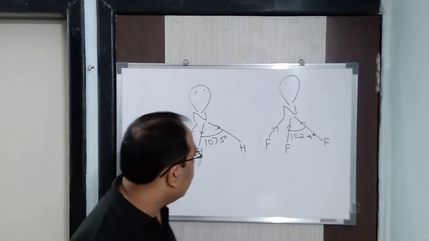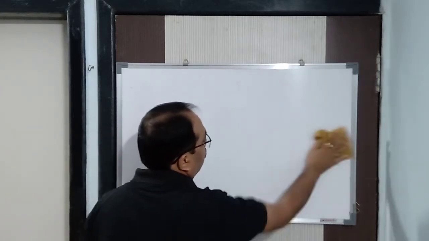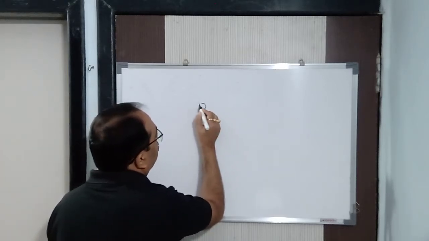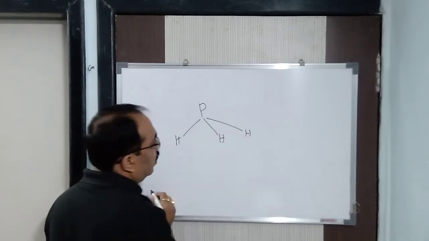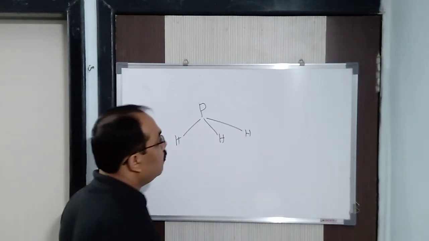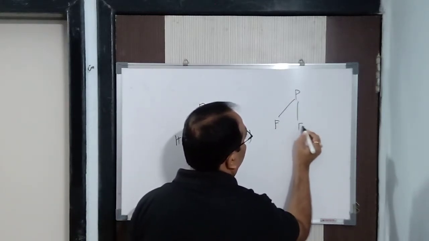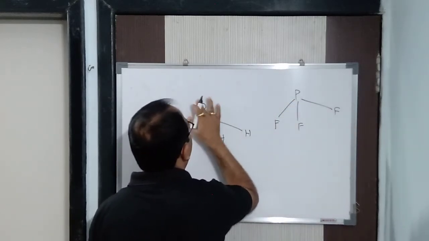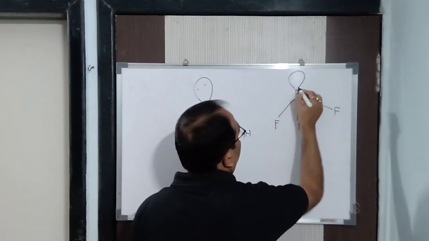Now, next we will see another one, that is PH3 and PF3. Let us say this is your PH3, and we will see another one, that is your PF3. Here phosphorus belongs to the same group as nitrogen.